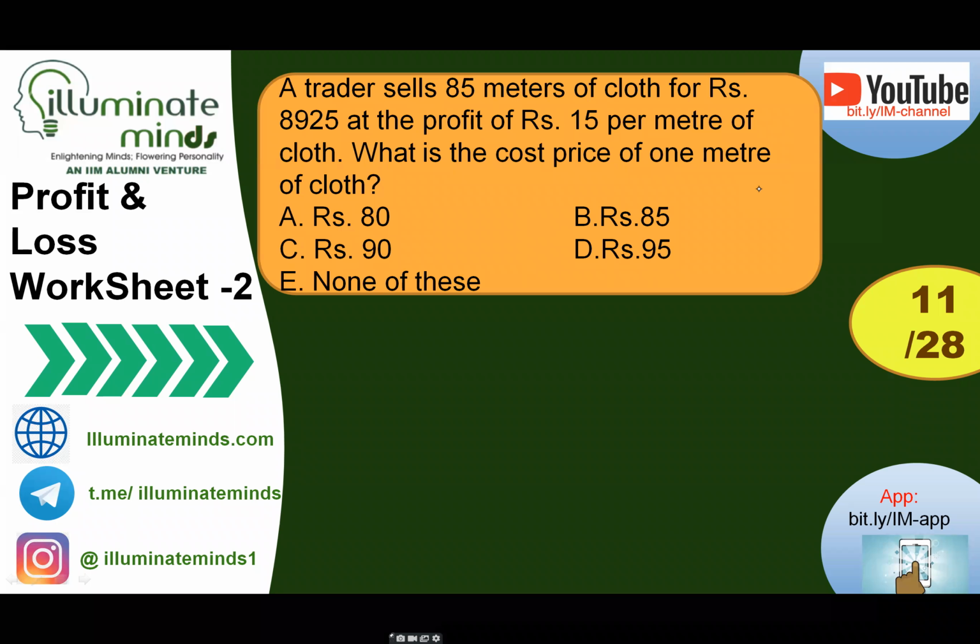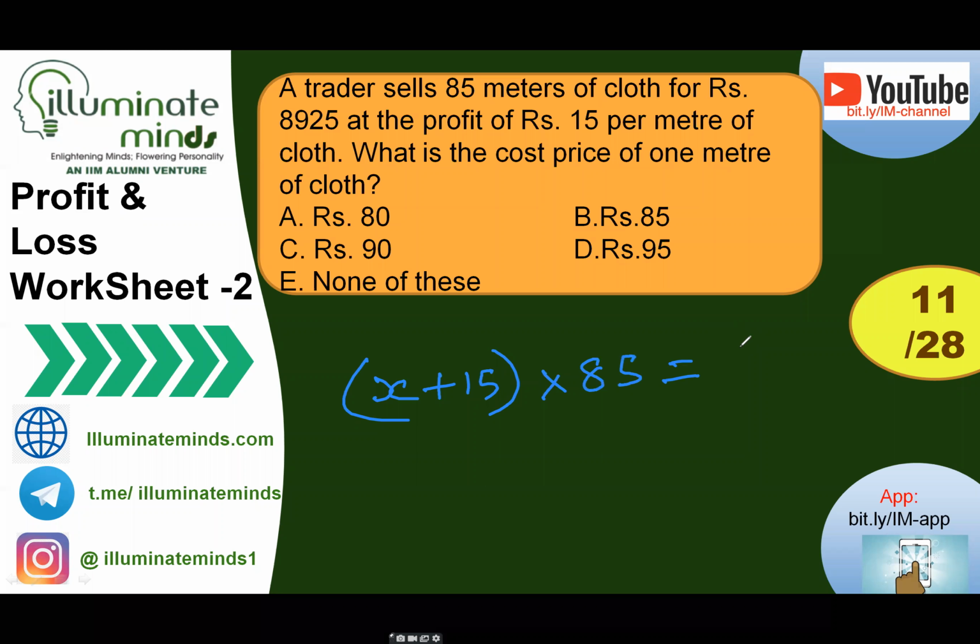Question number 11. A trader sells 85 meters of cloth for rupees 8925 at a profit of 15 rupees per meter of cloth. What is the cost price? So his cost price is X plus 15 rupees is the profit that he is generating on each, and he sold 85 meters of cloth.